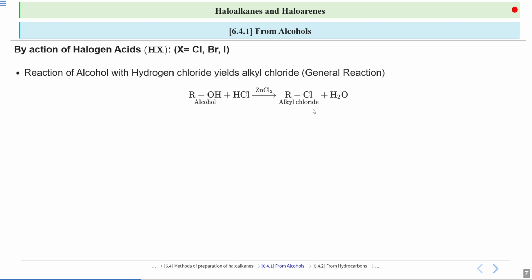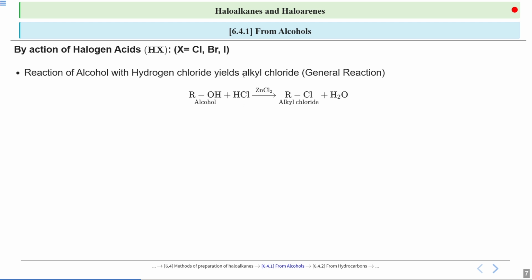This is the general reaction including the alcohol, ROH. This is the general representation for alcohols, where OH is the representation for the alcohol functional group. So ROH plus hydrogen chloride: the hydroxyl group from the alcohol is going to be replaced by chlorine, and you will get RCl.